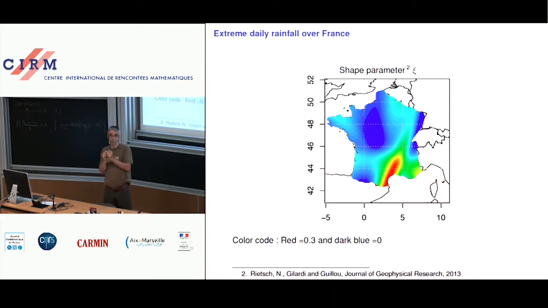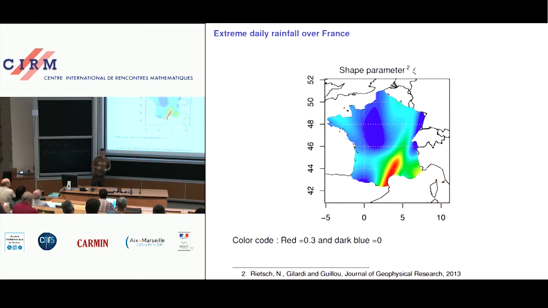But it doesn't tell you if, for example, precipitation maxima between Marseille and Nice are fairly correlated or not. So my talk is not to speak about the shape parameter, but it's much more to see how we can measure the dependence in terms of rainfall maxima in space.